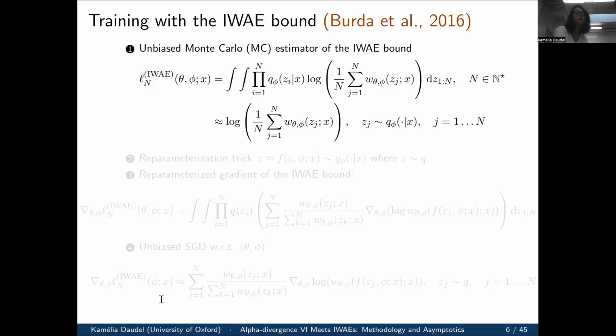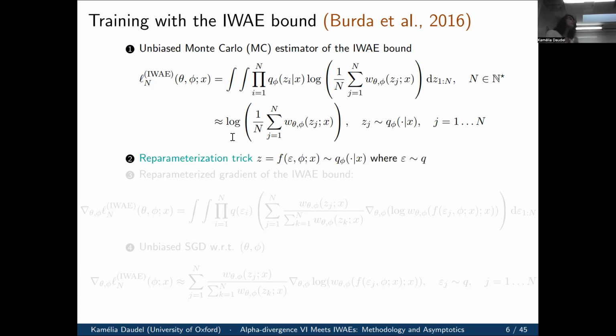I'm looking at my objective, and I want to first see whether or not I can track this objective. It turns out that the answer is yes, because I can estimate this objective function by just sampling according to q phi n times, and I've got this unbiased estimator. So tracking my quantity of interest, that I can do.